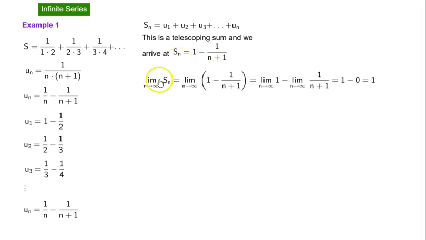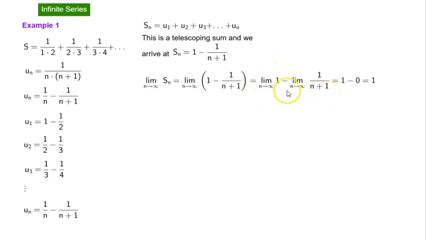So that is how we arrive at this partial sum of n terms. We take the limit. So the limit as n goes to infinity of S sub n is equal to the limit as n goes to infinity of 1 minus 1 by n plus 1. Using algebra of limits, we split this into two limits. The limit as n goes to infinity of 1 minus the limit as n goes to infinity of 1 by n plus 1.